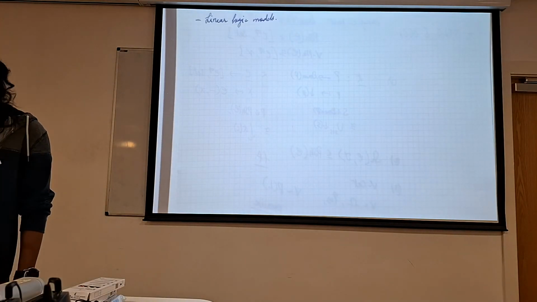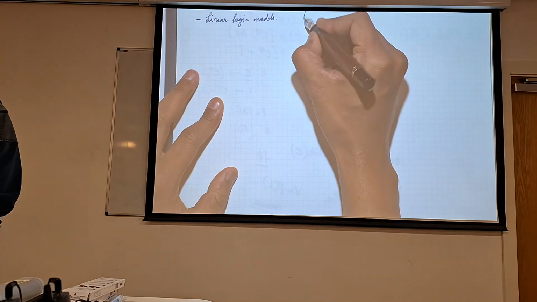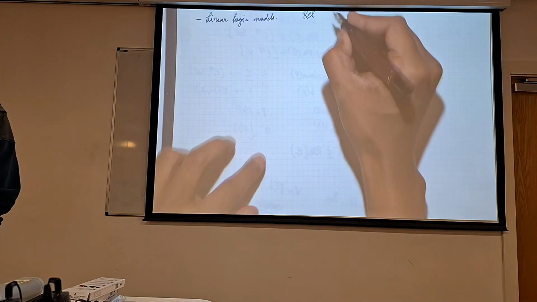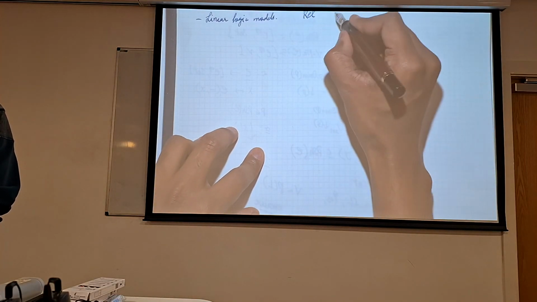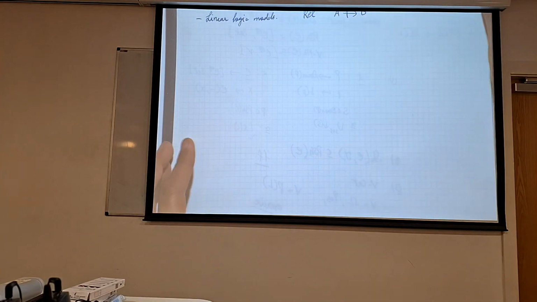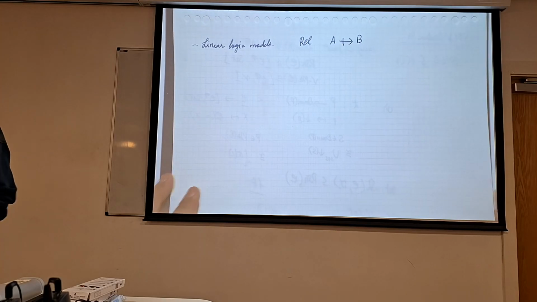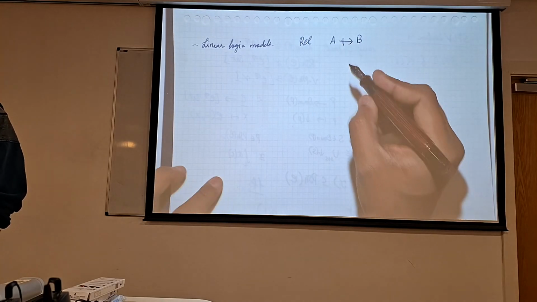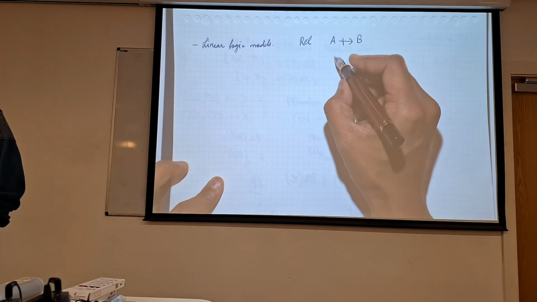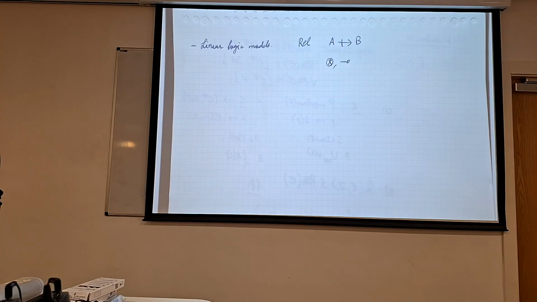Okay. So Jules talked about the category Rel, which has sets as objects, and morphisms are relations from A to B. Rel has tensor products, it has linear exponentials, and it's compact closed.